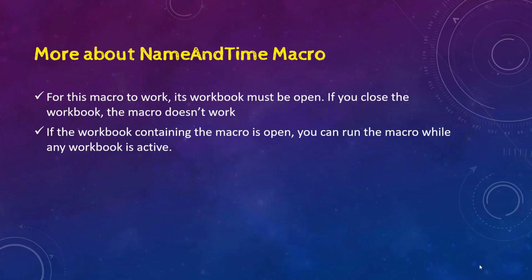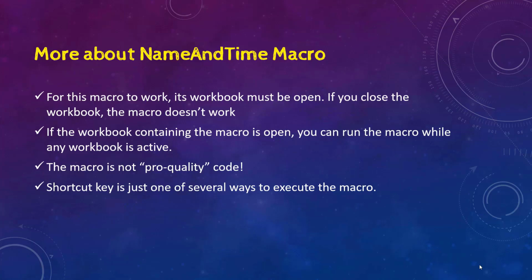We can execute the macro stored in the name and time file in another workbook. The macro is not pro quality code, which means it will override existing text with no warning, and its effects cannot be undone.